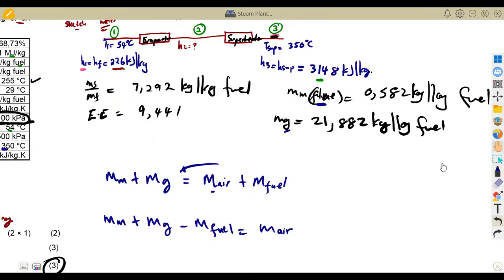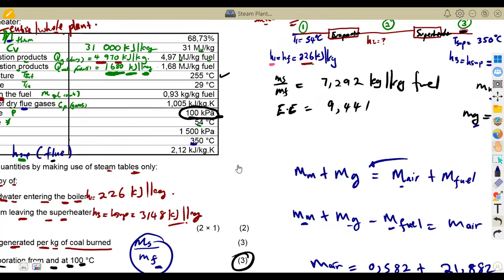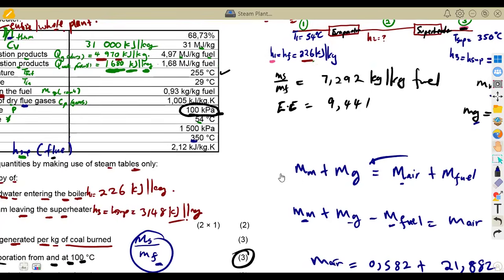Everything there is in kilograms per kilogram of fuel given. So our mass of air is going to be, for the moist, 0.582, plus for the dry flue gases, 21.882, minus for the fuel, which I mentioned before, 0.93.